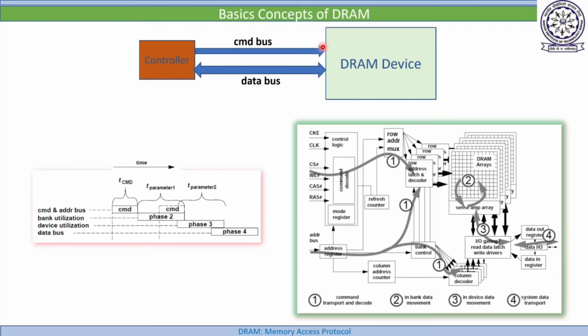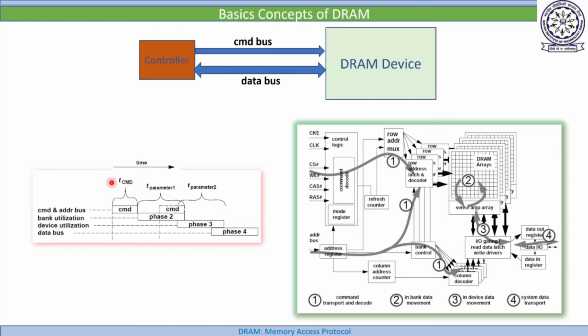Once a command reaches the DRAM device, we say the command is issued or asserted. So try to remember it. TCMD is required for any command because every command is sent by the controller to the DRAM device, so every command has to travel through this path.